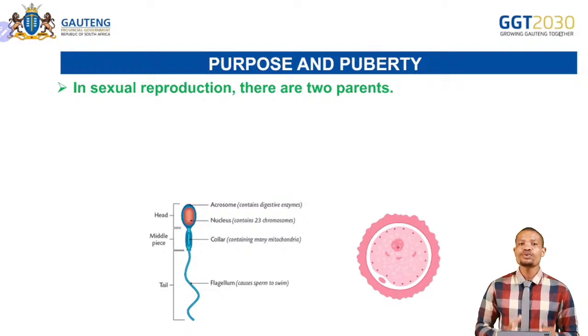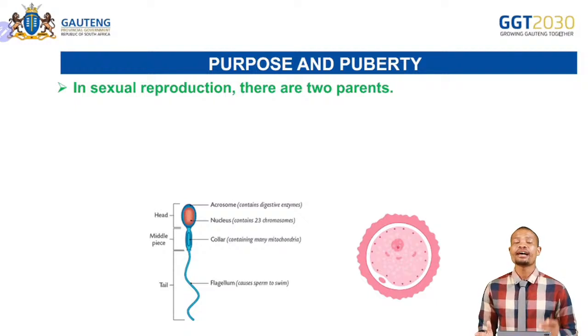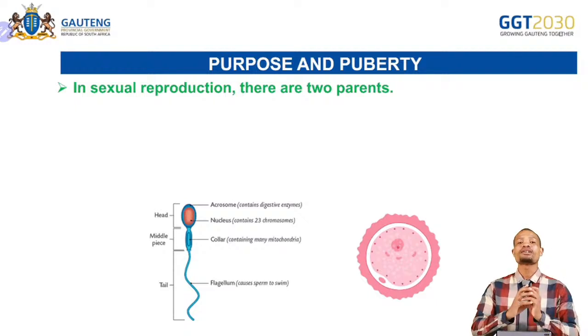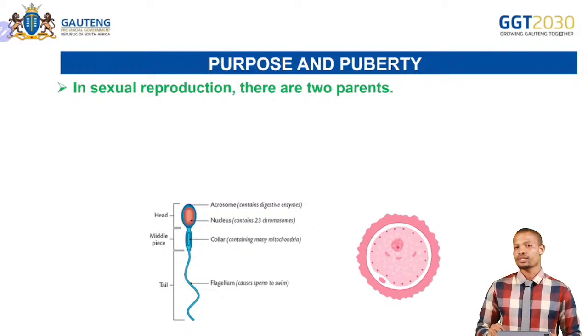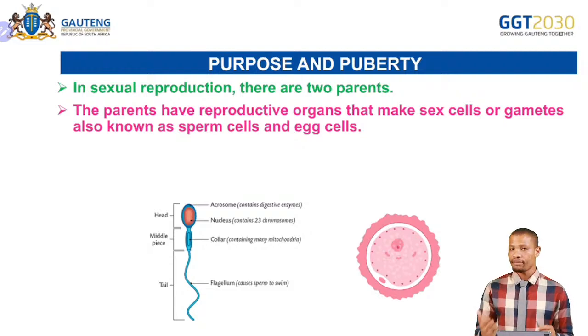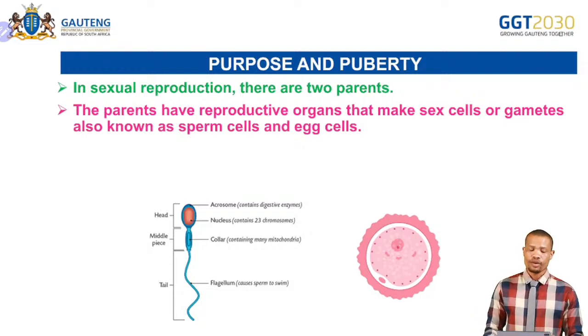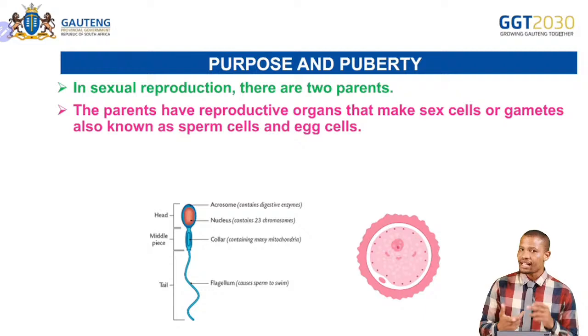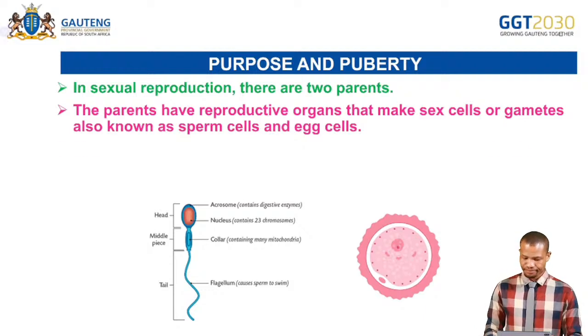We need to have two sex cells, the egg cell and the sperm cell, coming together to form a zygote, okay? So the parents have reproductive organs that make sex cells or gametes, which are also known as your sperm cell and your egg cell.